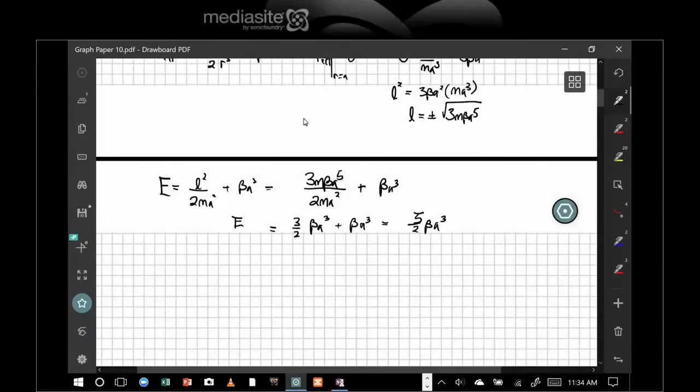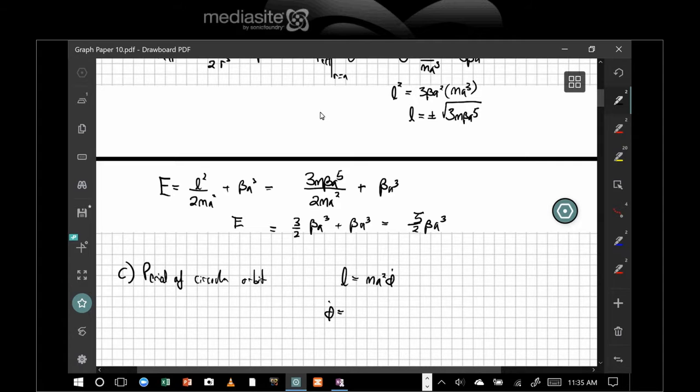The final question, part C, asks what's the period of circular orbit? Well, before we had L, that's the angular momentum of the system, MA squared phi dot. We can solve for phi dot.